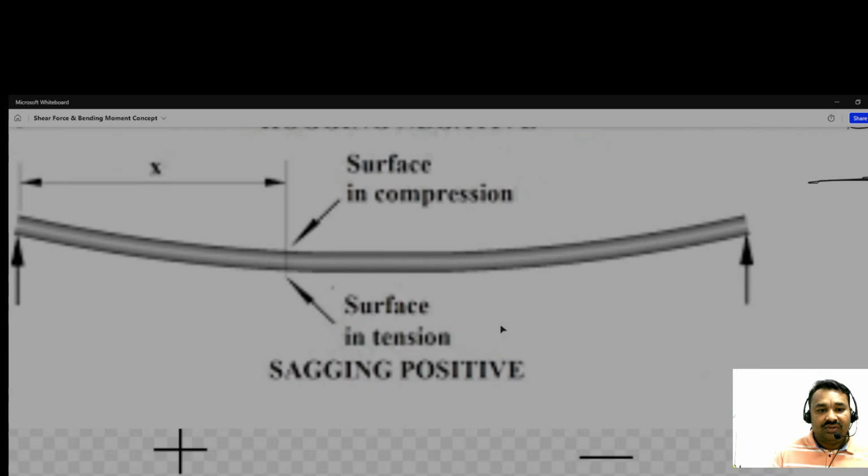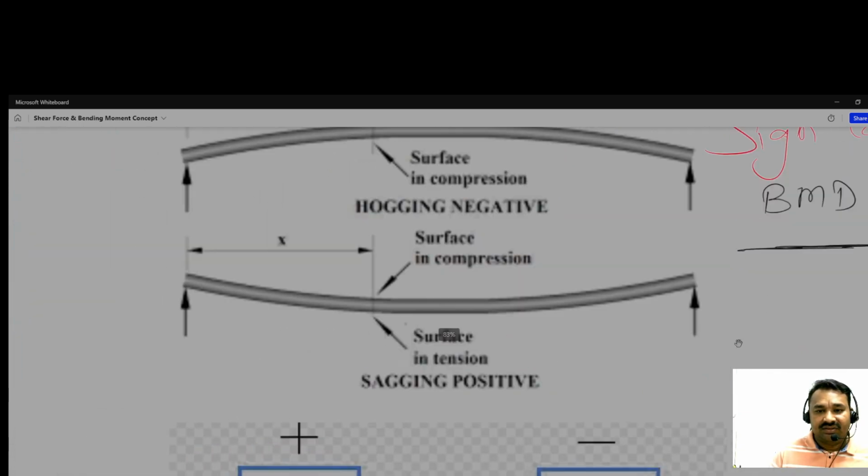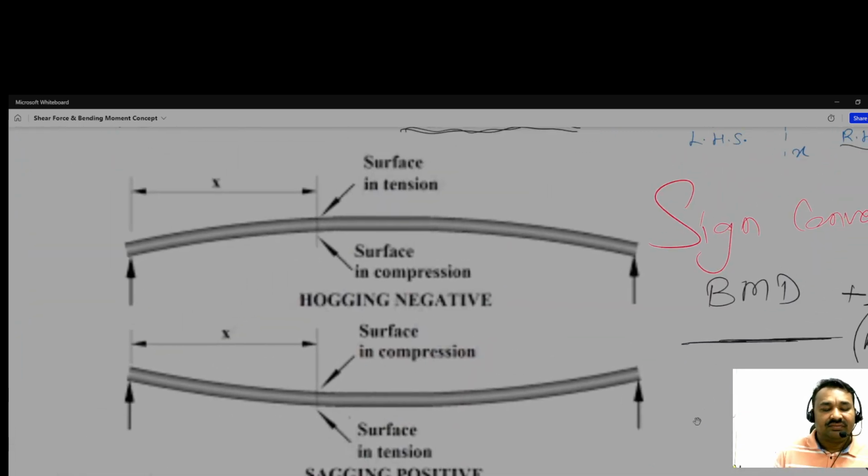Okay, so this is explained here with this figure. So let us discuss this lower one, the beam. Due to the forces acting at the ends, it becomes this, and how it will create the bending moment. It will create like this one, like this one. So this is the sagging, positive. Okay, means positive bending moment.